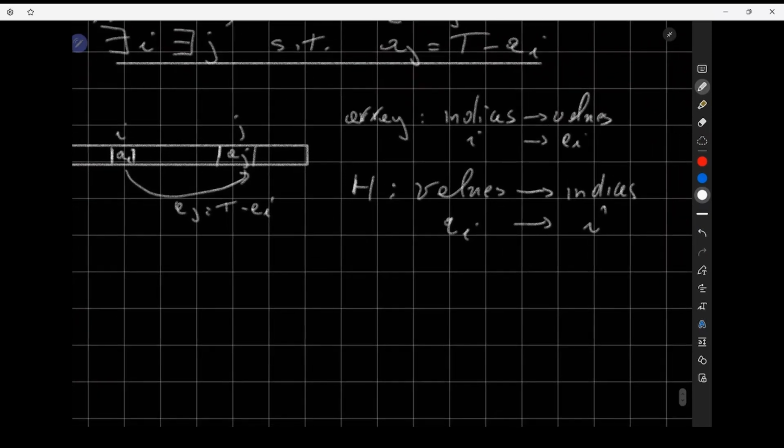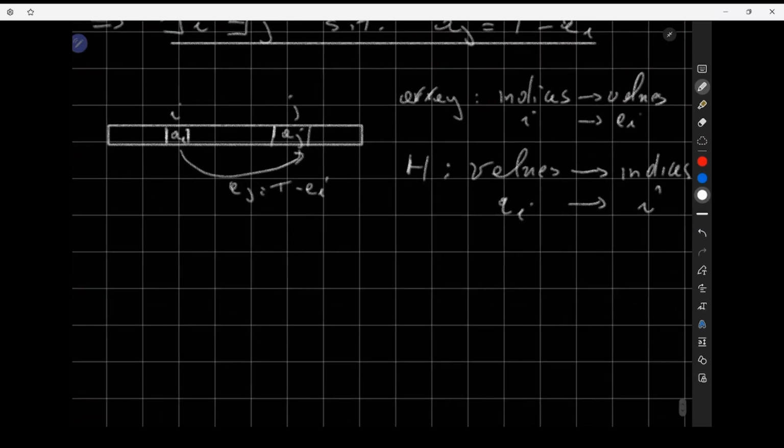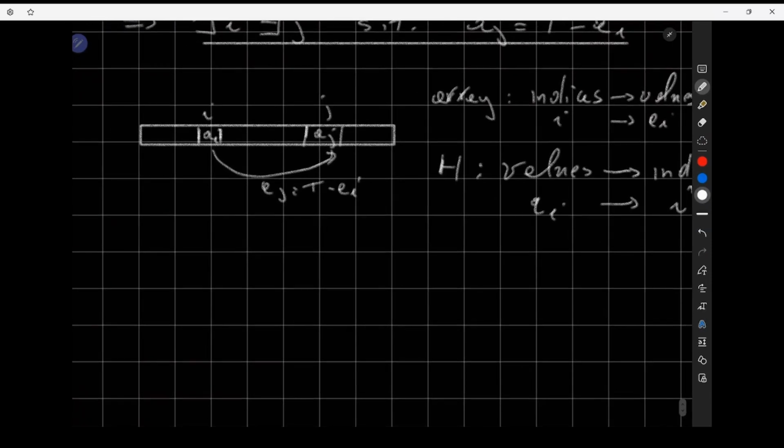The most common way to implement these kinds of inverse mappings is hash maps. So I'm going to use a hash map now to implement this inverse mapping, and then I will show, by analyzing the corresponding algorithm, how this actually speeds up the time complexity.